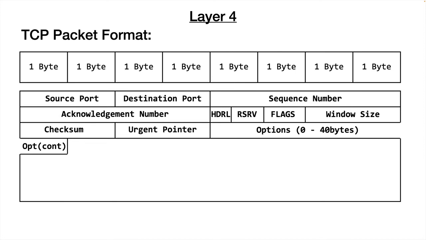We may have some options and then we're going to have our data. So the data field in a TCP packet is the same size. We just don't have all this extra stuff that deals with flow control and acknowledgments and making sure the data shows up in the correct format.